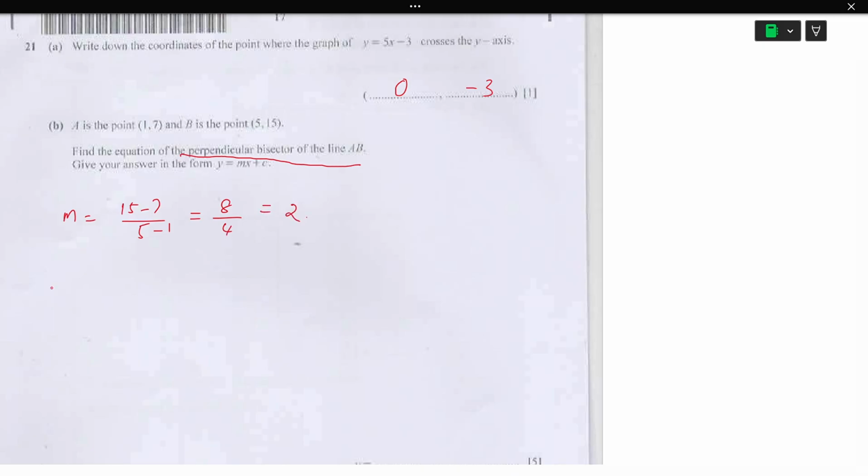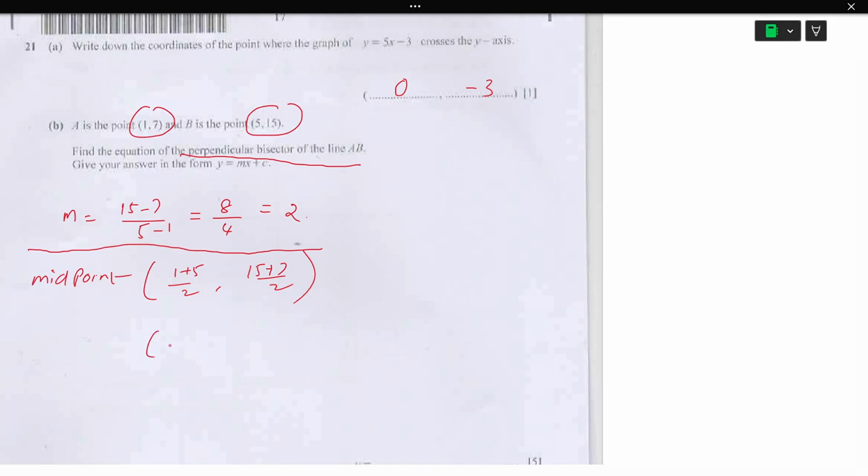Perpendicular bisector means the midpoint. So we'll find the midpoint of these two points. First we add the x values: 1 plus 5 over 2. Y values: 15 plus 7 by 2. So which is 6 by 2 and 22 by 2, which is 3 comma 11. So I got the midpoint.